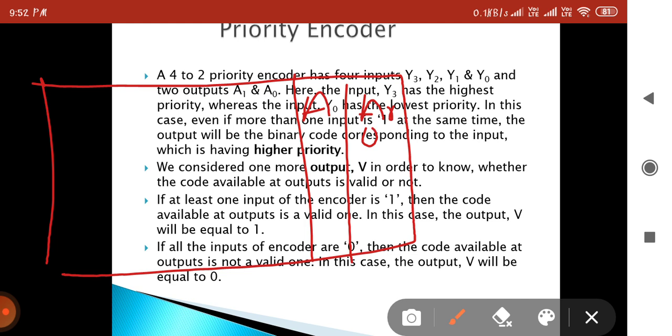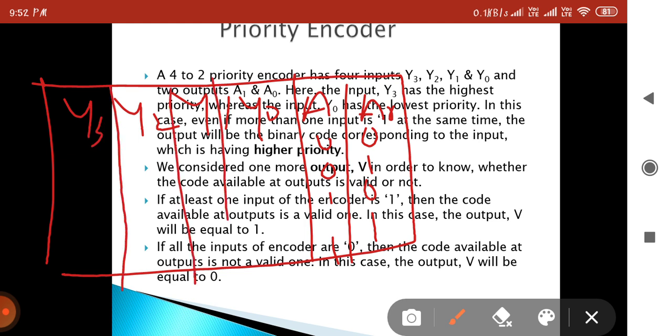A1 A0: 00, 01, 10, 11. Y0, Y1, Y2, Y3. You have seen that one. It's 00. Y0 is high.